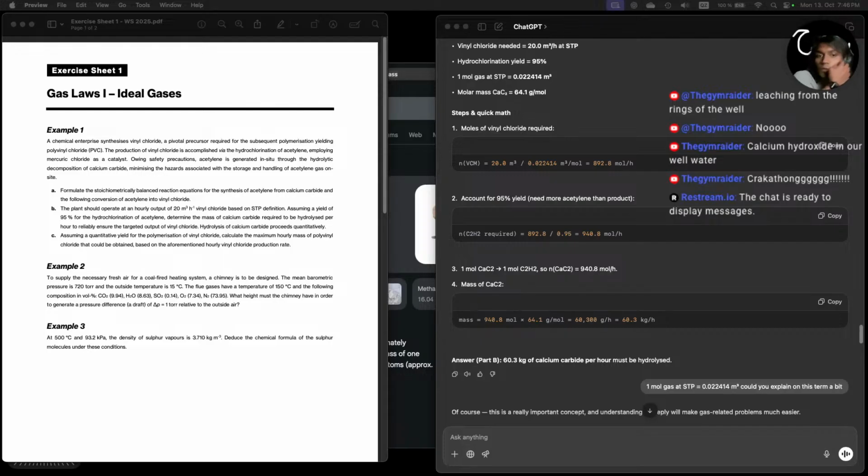Leaching from the rings of the well. Okay, is it good or bad? Is it part of the cement for the well?